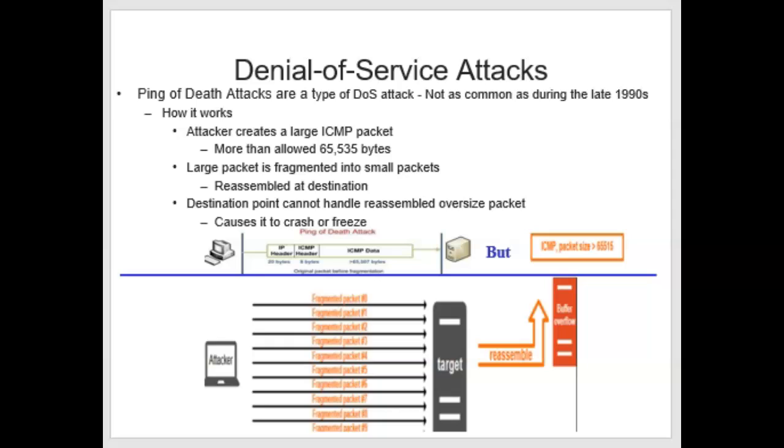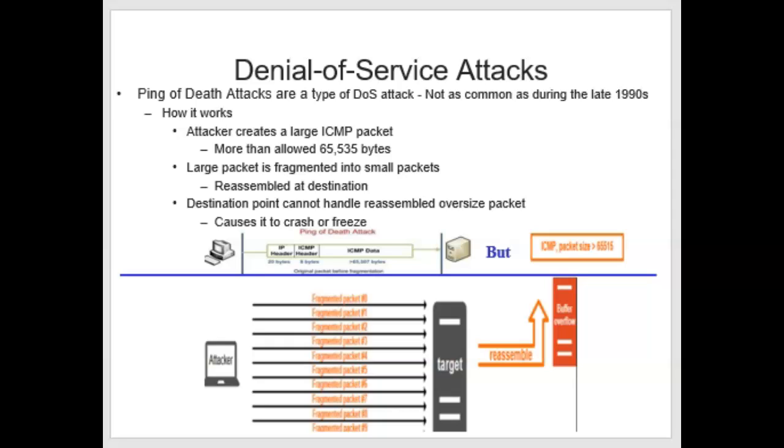And if I can force that to overflow, I have now A, caused denial of service, and B, I can get in as the hacker and gain administrative privileges through this buffer overflow. So really, it starts with a denial of service and ends up in a buffer overflow attack.